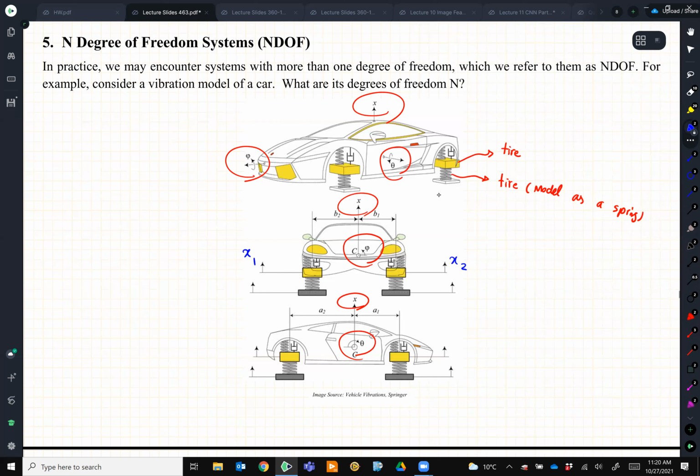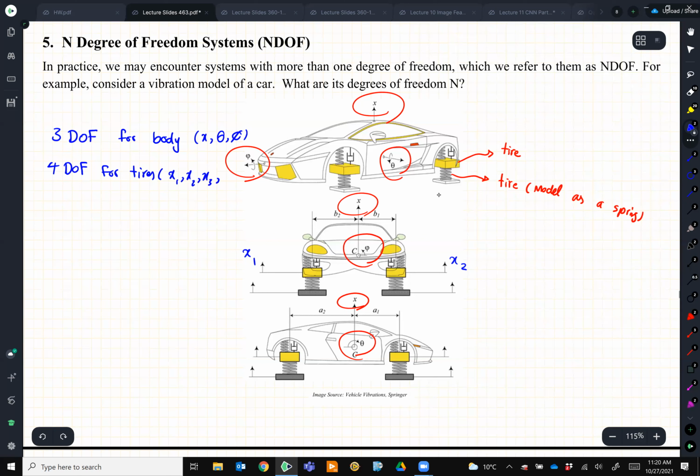So this system gives me 3 degrees of freedom for the body, which are X, theta, and phi, and 4 degrees of freedom for the tires, which are X1, X2, X3, and X4. So it is a 7 degree of freedom system, which you will actually do a project on. Your final project is on this system.